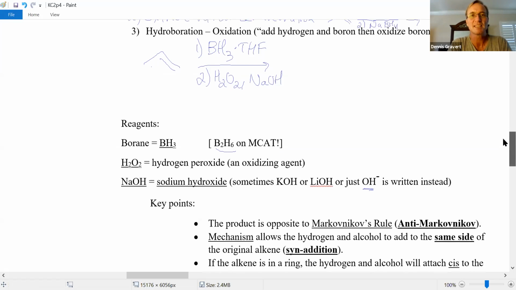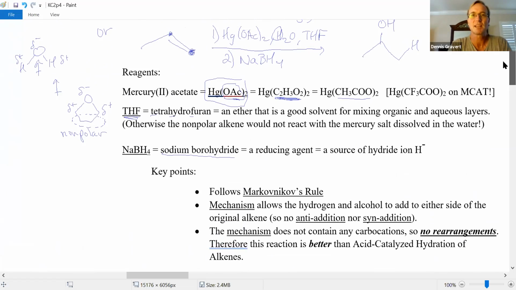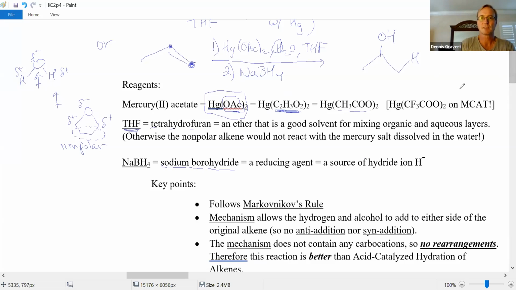And it may have been the same student who said, you know what? Sometimes instead of this chemical formula of the mercury salt, someone swapped out the hydrogens for fluorine. And it turns out that's a moderate improvement. Trifluoroacetate actually works. The mercury salt, the trifluoroacetate, actually works better.